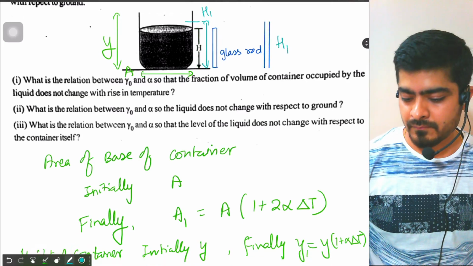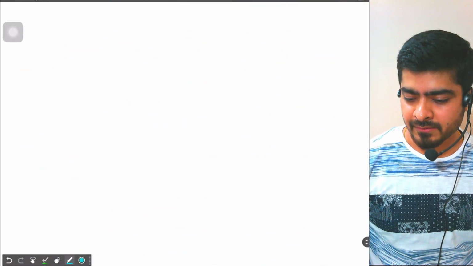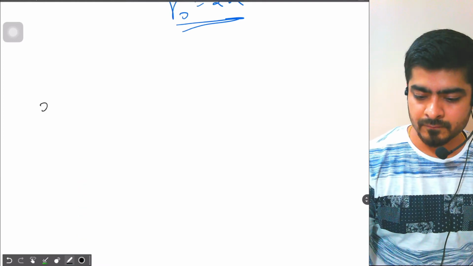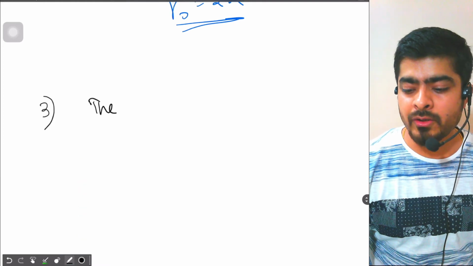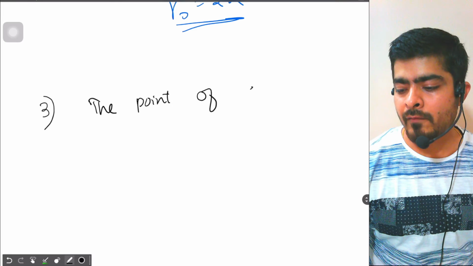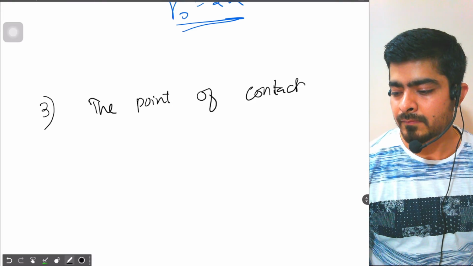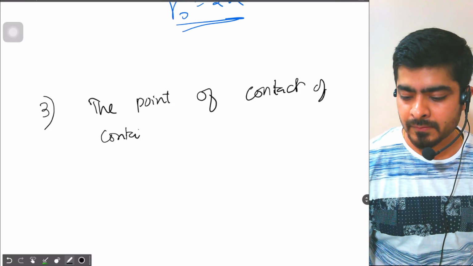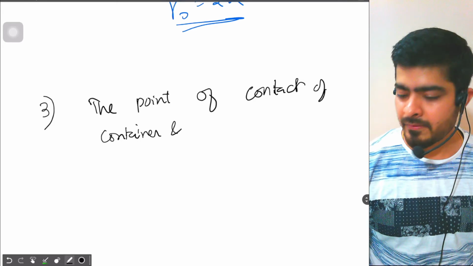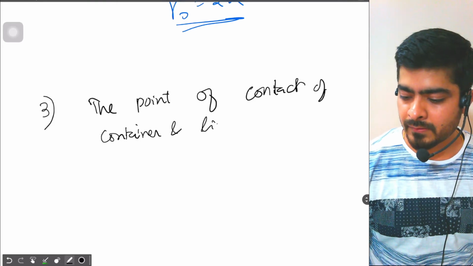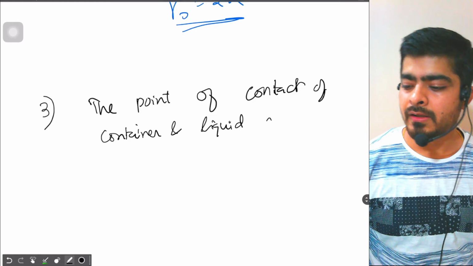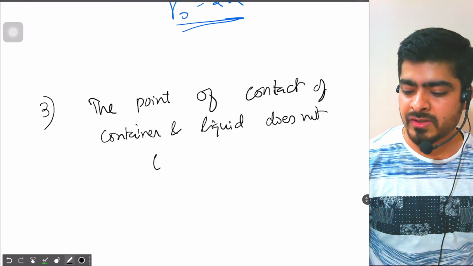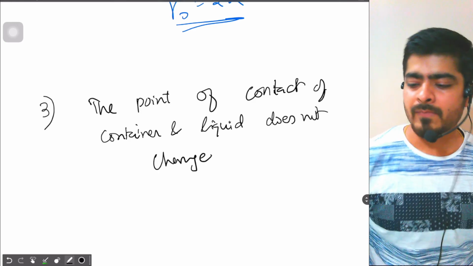So that's what the question is saying in the third part. The point of contact of the container and the liquid does not change.